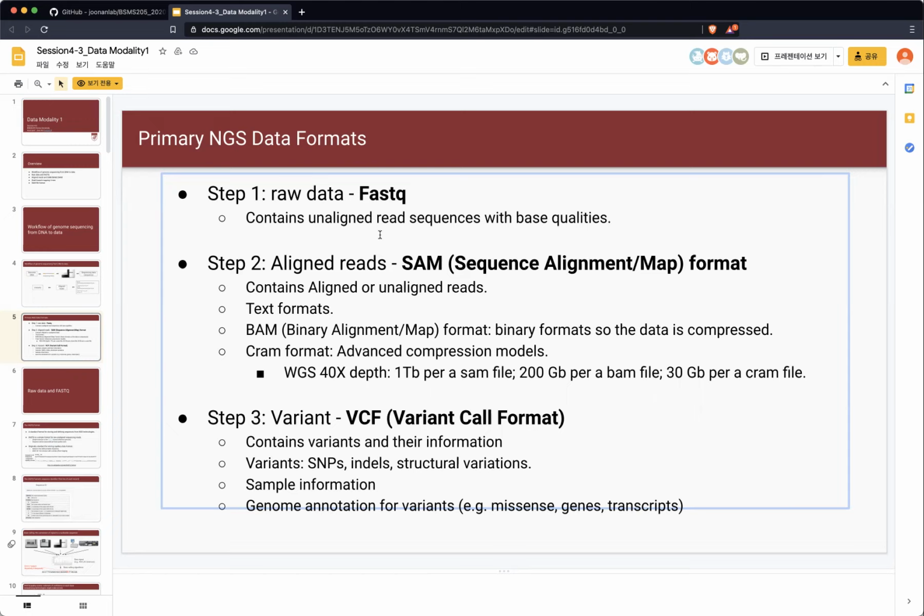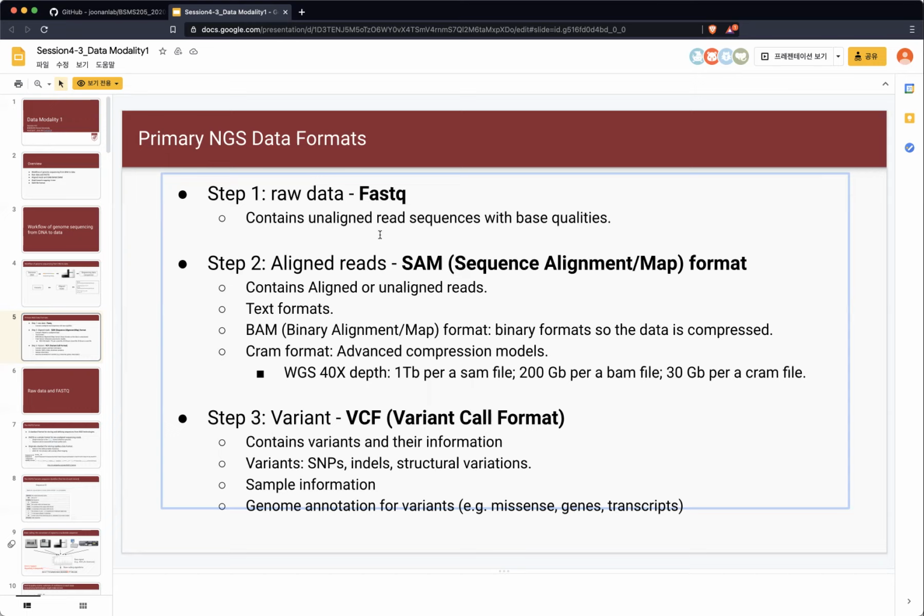And even if you store your sequencing data set in binary, it's not enough. Not enough means that these days we get petabyte or zettabyte scales of sequencing data. If you store that information in a data warehouse or data storage, it takes lots of money, right? So people came up with nice developments for compressing more and more.